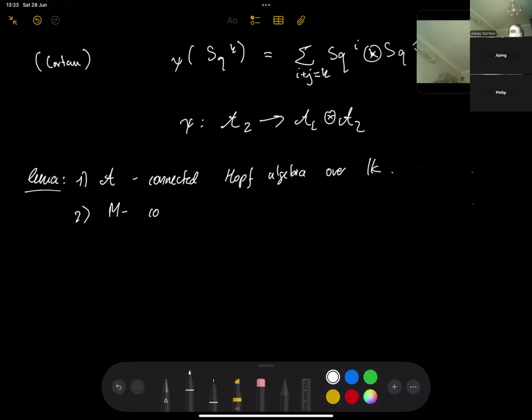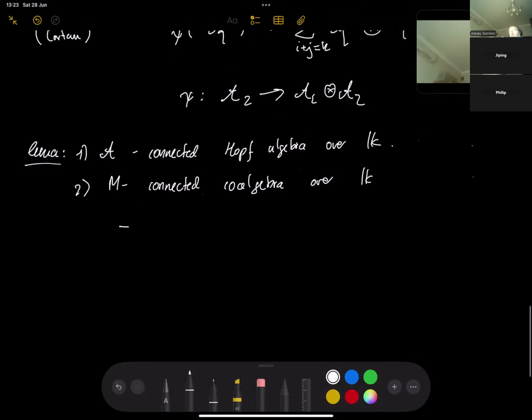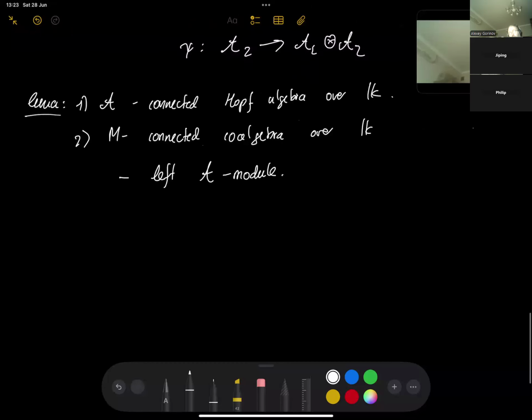M is a connected co-algebra over K, such that it's a left A module, and its co-product is a map of A modules.